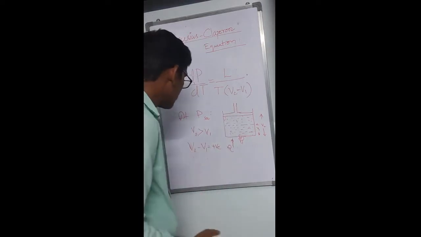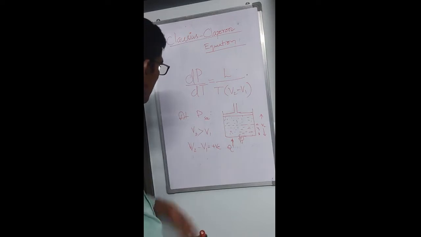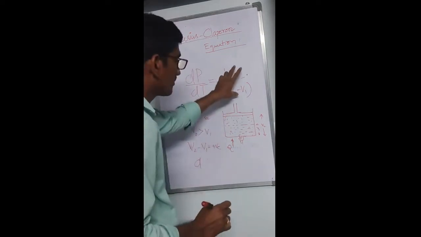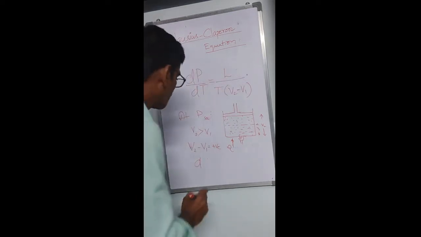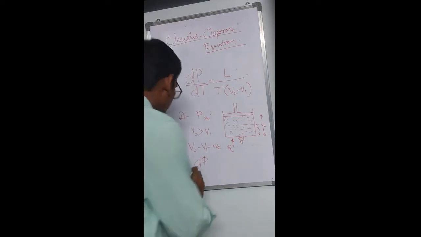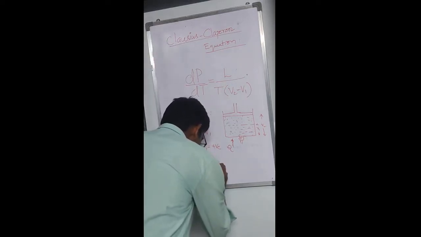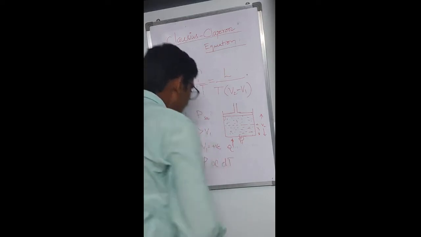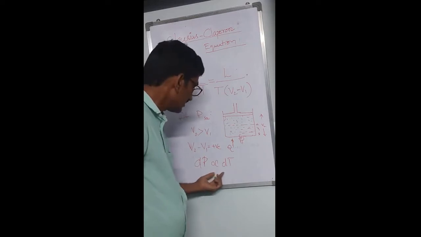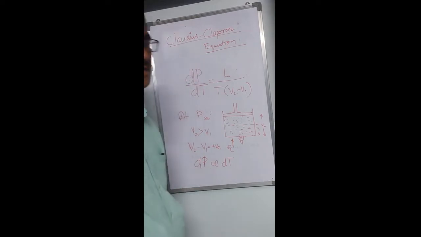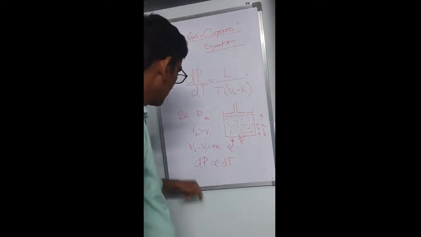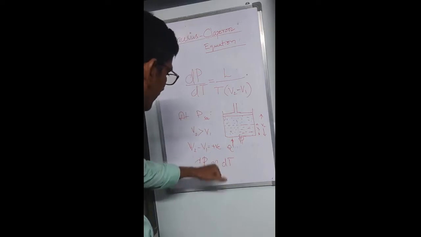As the entire thing becomes positive, the LHS is also positive. Here dP will be proportional to dT. As the pressure increases, the temperature also increases.